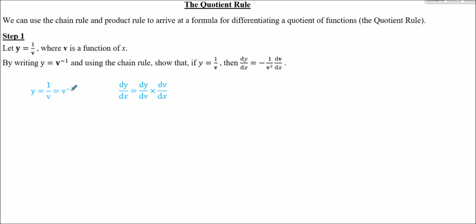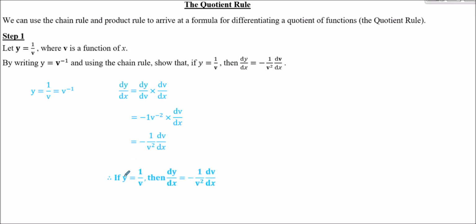So if I differentiate this, the power comes to the front, and then I take one off the power. So dy by dv will be minus 1 v to the power minus 2. And dv by dx, I can leave in that exact form, just leave it as dv by dx. So writing this now as a fraction, minus 1 v to the minus 2, I can write as minus 1 all over v squared, and leave the dv by dx as it is.